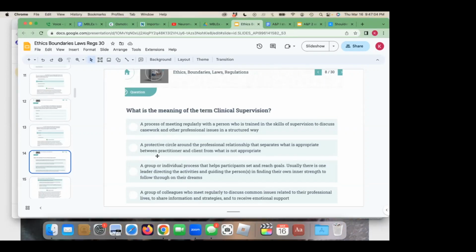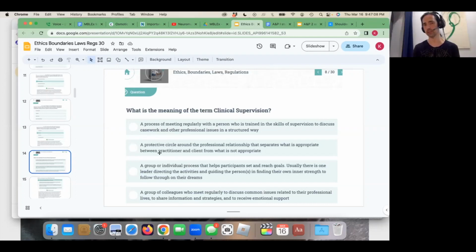Oh, boundary. Okay, and then a group or individual process that helps participants set and reach goals. I don't want to tell you wrong, but it's something like a business mentorship. And then a group of colleagues who meet regularly to discuss common issues related to professional lives, share information and strategies, and receive emotional support. Not sure what that is.